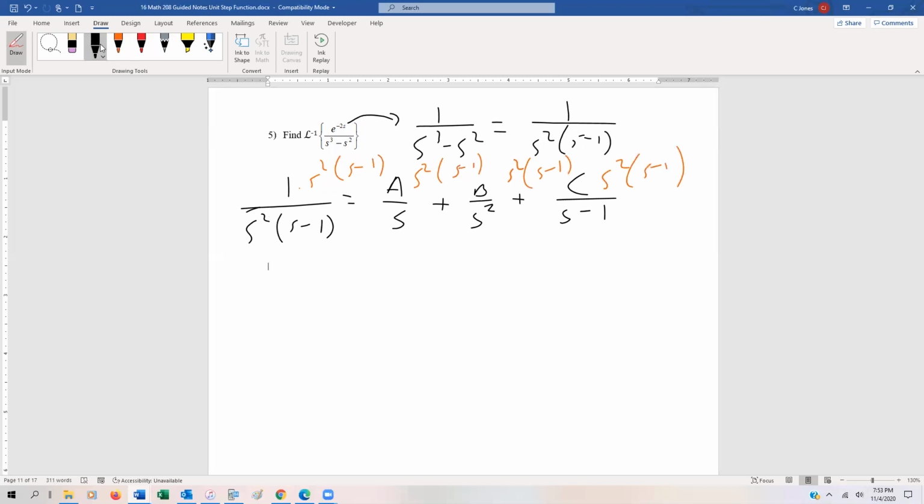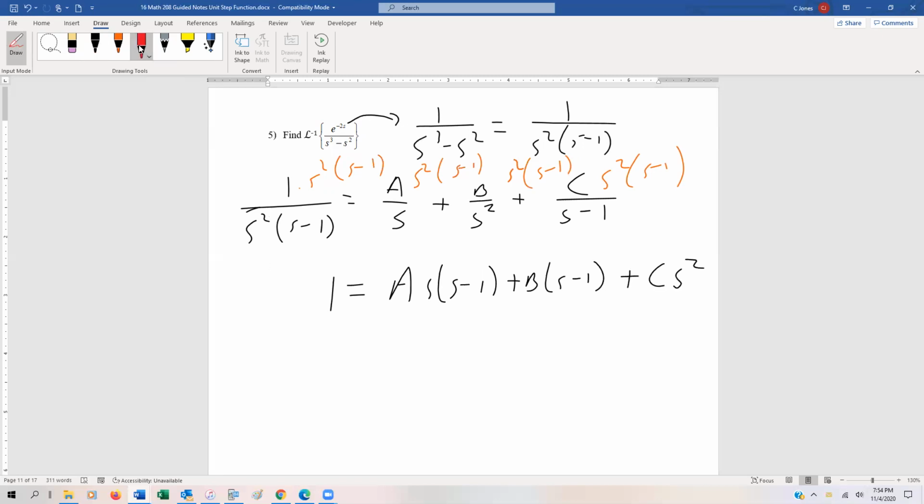And here's what we're going to be left with. On the left-hand side, we're going to have 1, and on the right-hand side we're going to have As plus B, excuse me, As times s minus 1, plus B times s minus 1 plus C s squared.